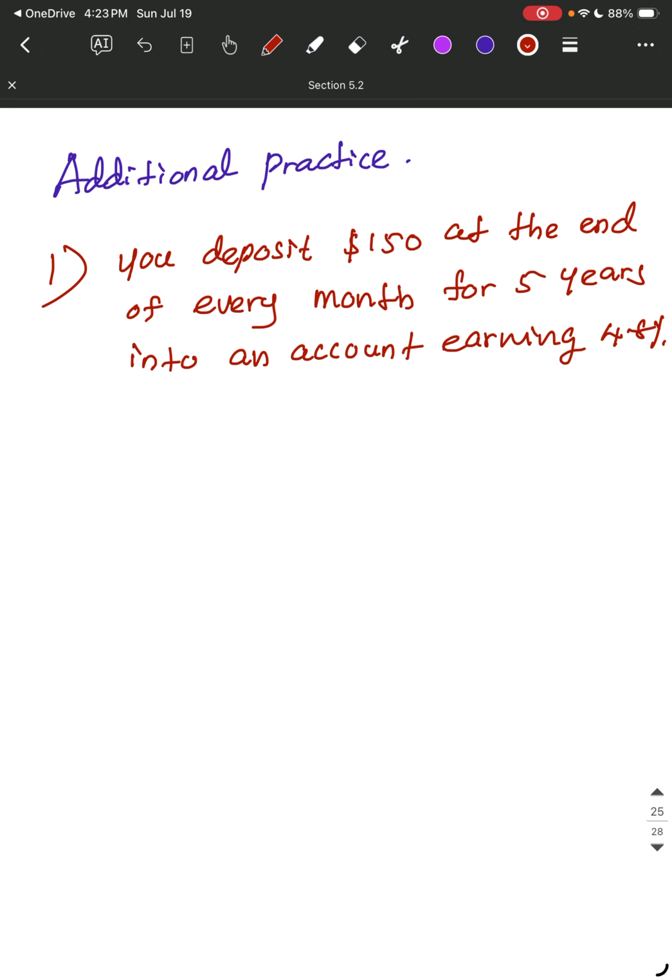So first identify the values R, I, and N. Then use the future value formula.